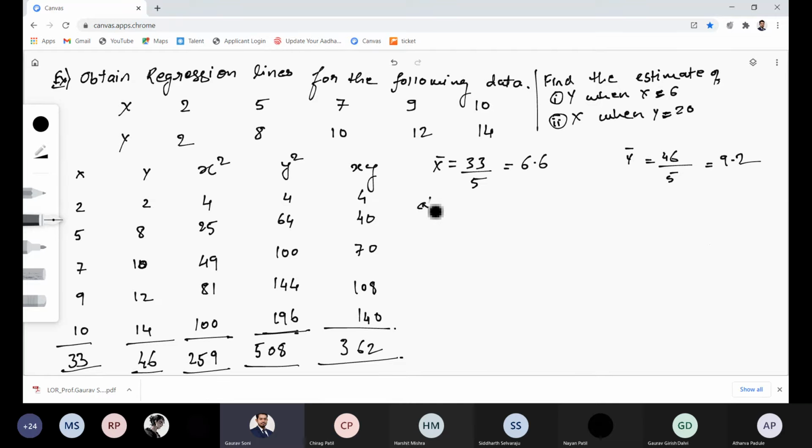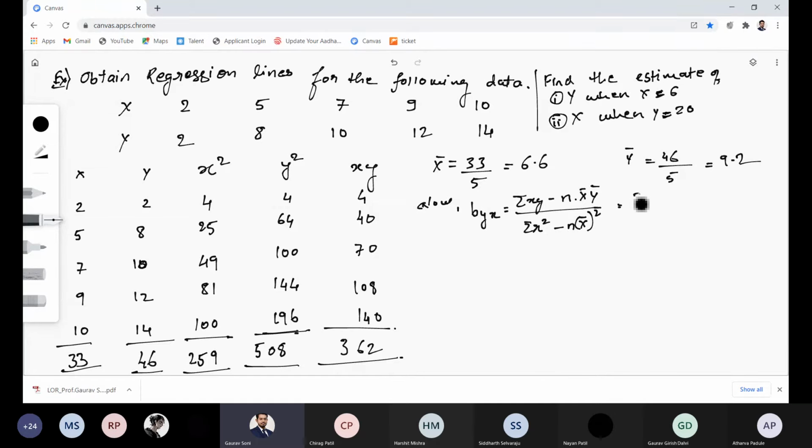Now the regression coefficient of y on x is summation xy minus n times x bar y bar upon summation x square minus n times x bar square.